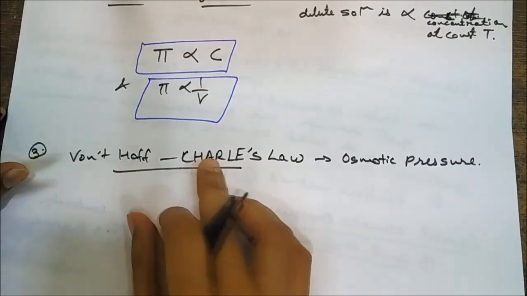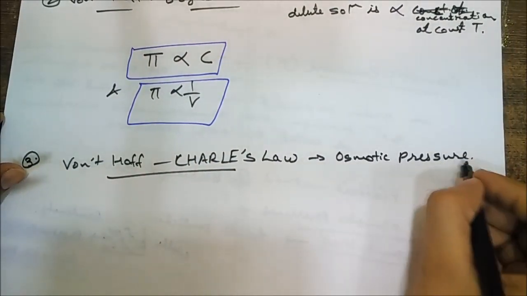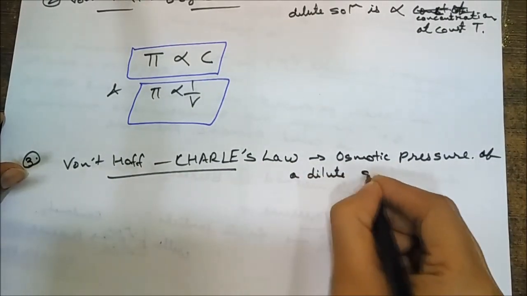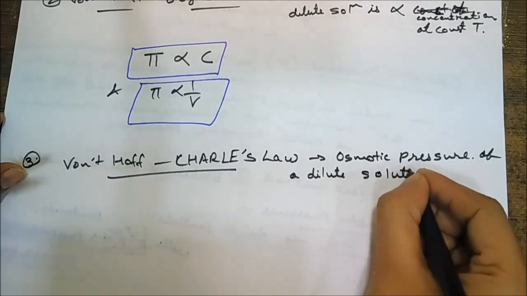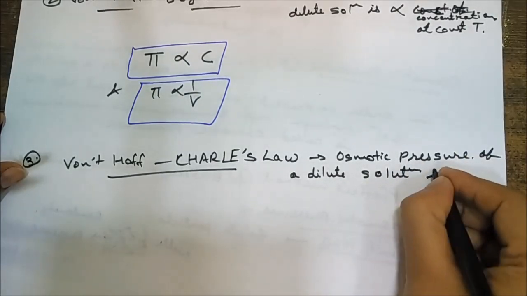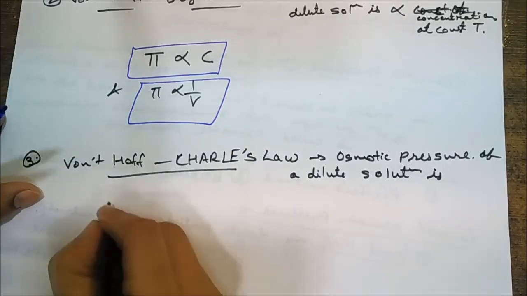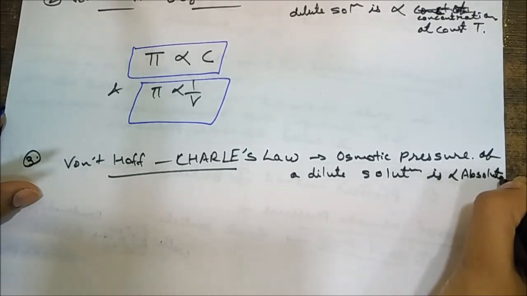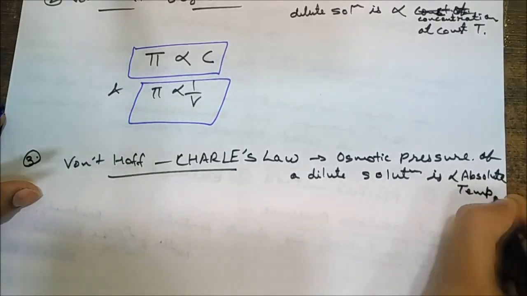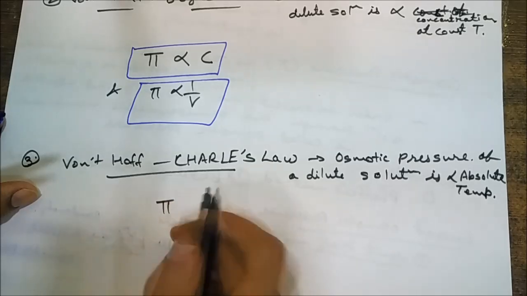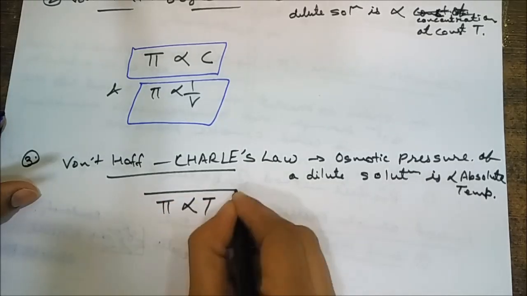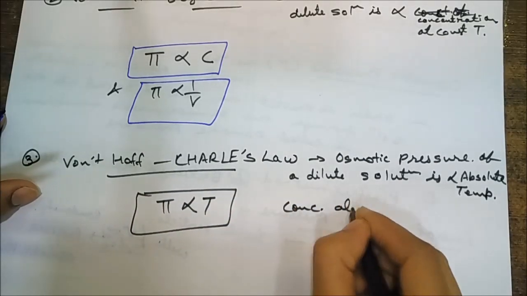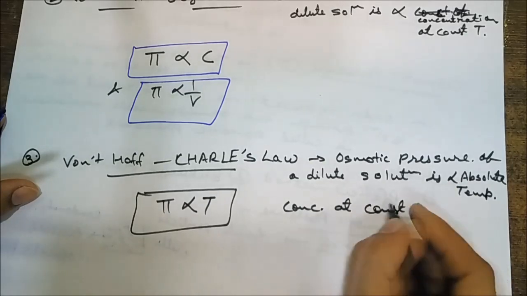So these laws are only applied in the case of dilute solutions. So the osmotic pressure of a dilute solution is directly proportional to the absolute temperature, and here the concentration is kept constant.